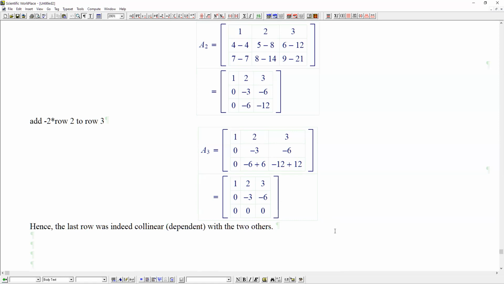And then last concept before leaving, the rank of the matrix is the number of independent rows. So it is 2.